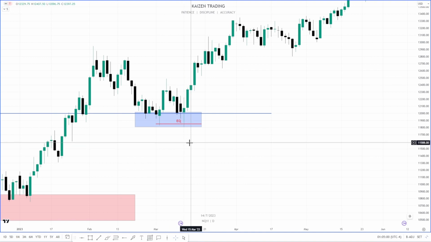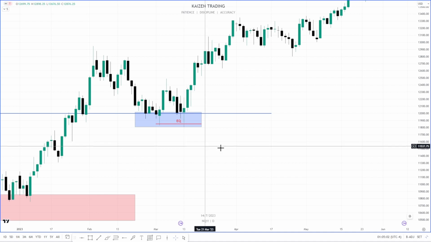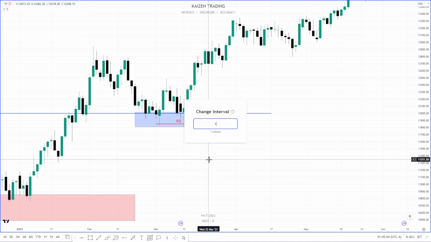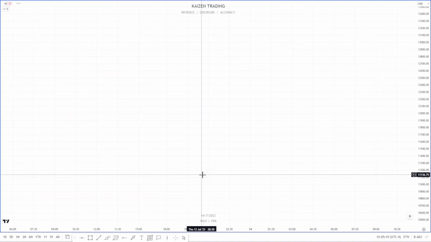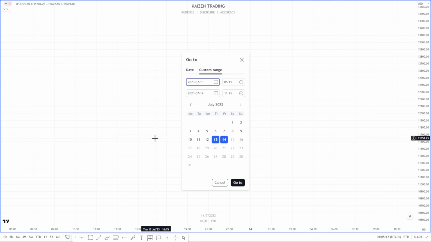So then we can take a look at Friday going into Monday into the new week and looking at what that is on the 15-minute chart again. So that would be Friday, March 10th. So we'll go down here to our calendar, and this is all back testing.